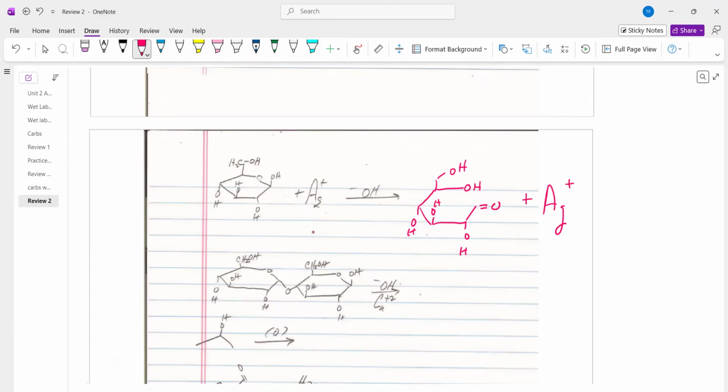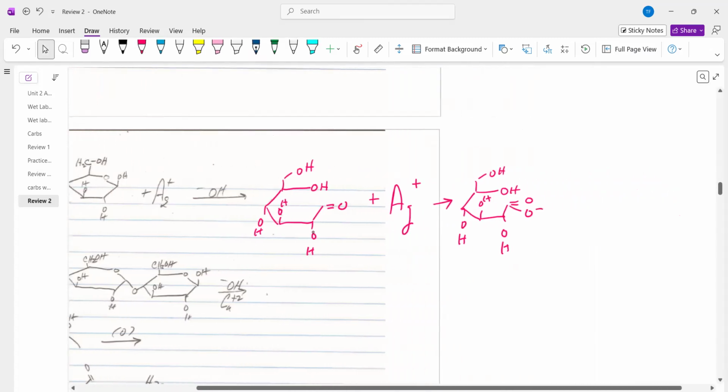And that aldehyde now is susceptible to oxidation, to the acid salt.